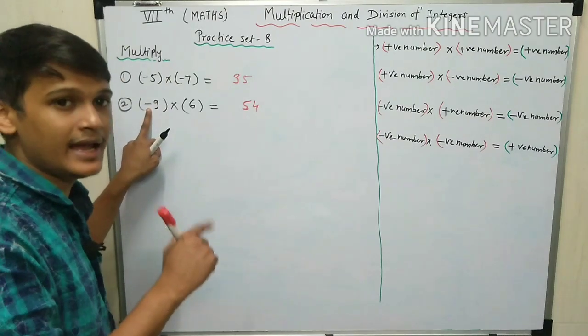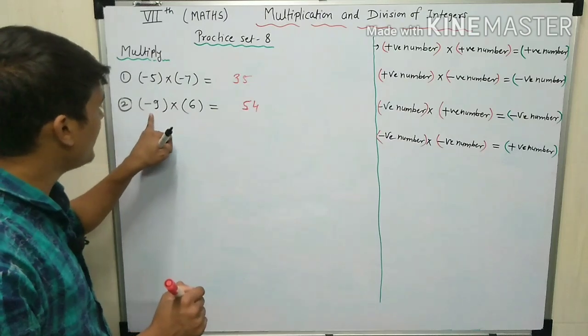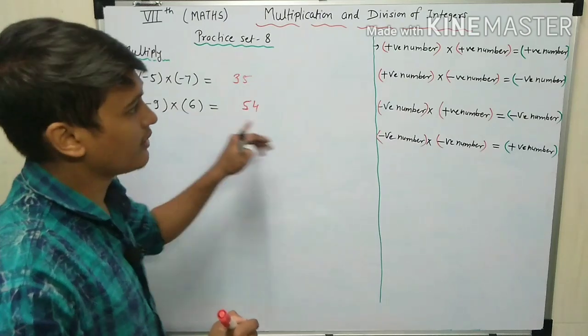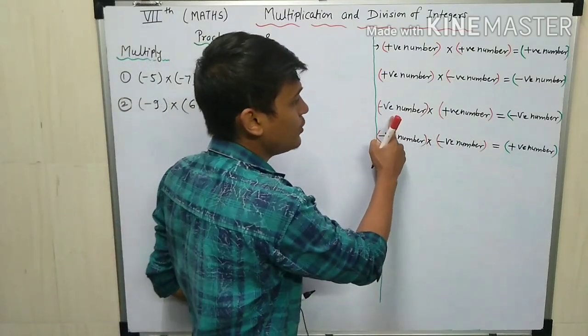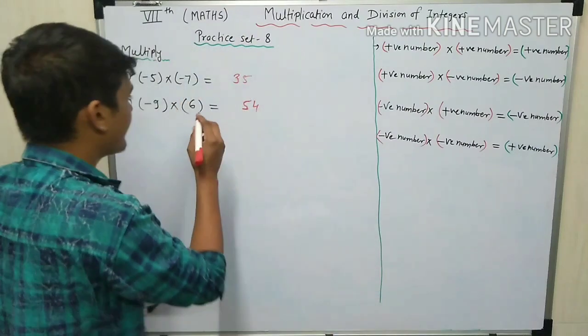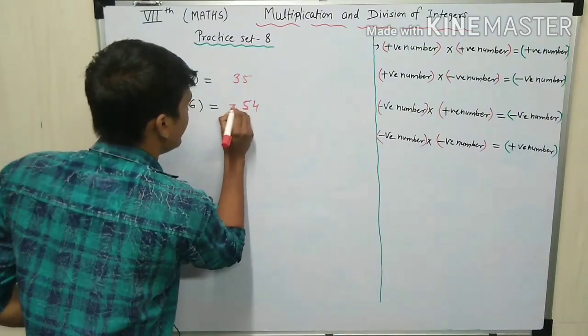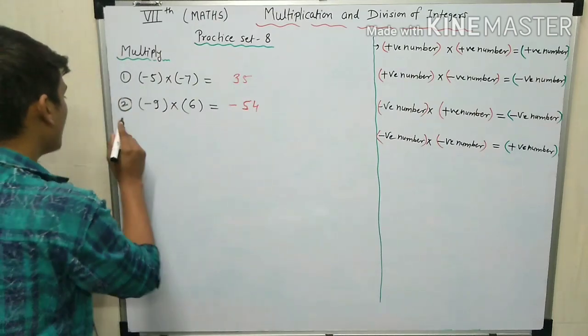There is a plus sign and a negative sign. The first is negative and the second is positive. Then negative number into positive number is equal to negative number. So the sign is negative, means minus 54.